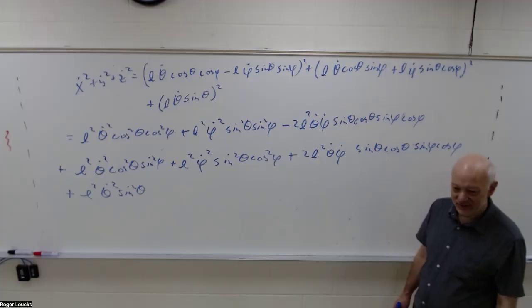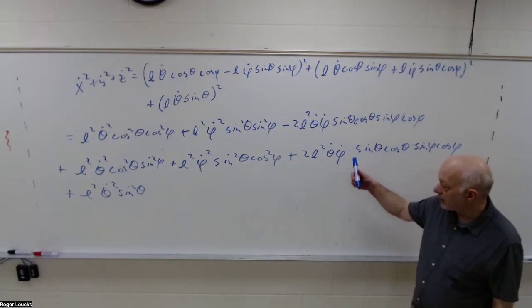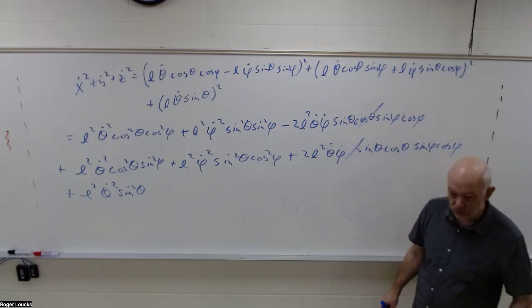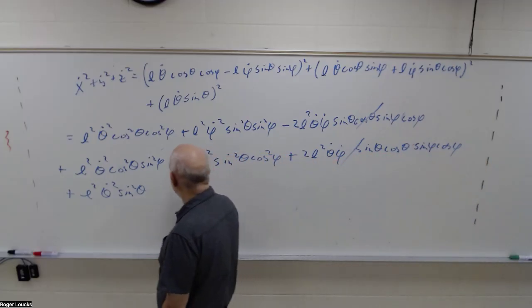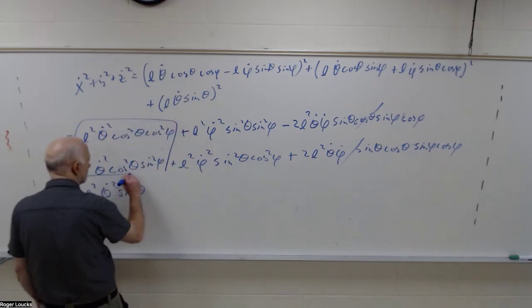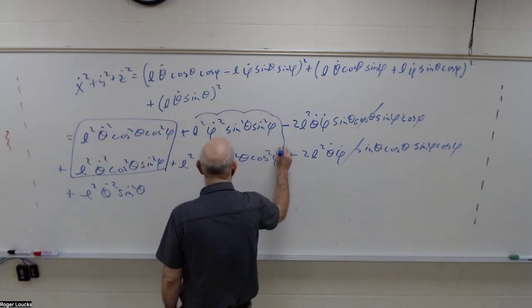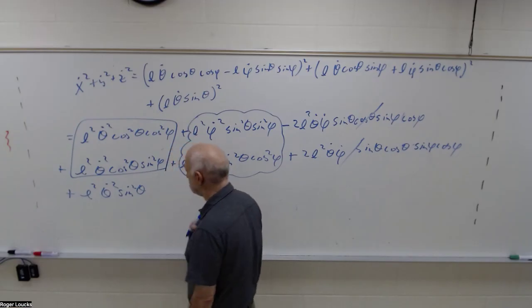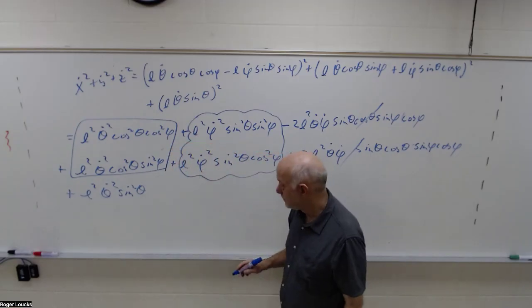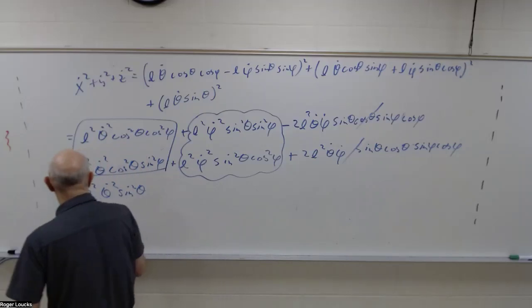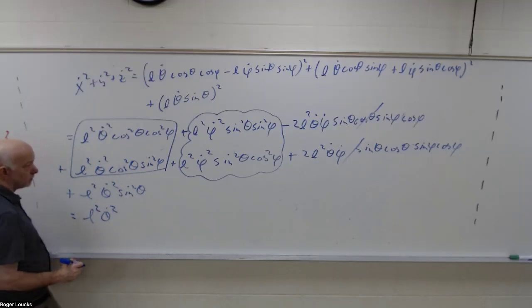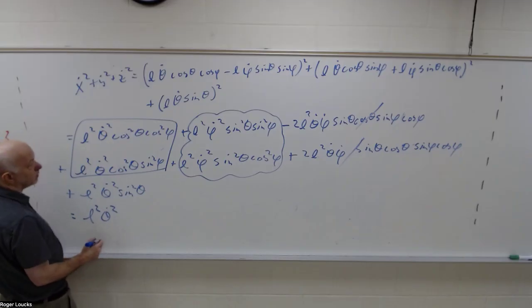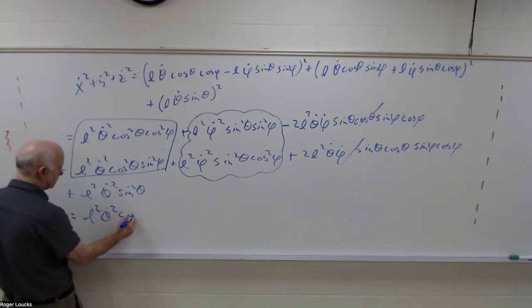Which ones cancel? This is great, because there were a lot of weird mixed terms, and they cancel. Now what can I do with these terms? Factor L squared theta dot squared cosine squared theta.